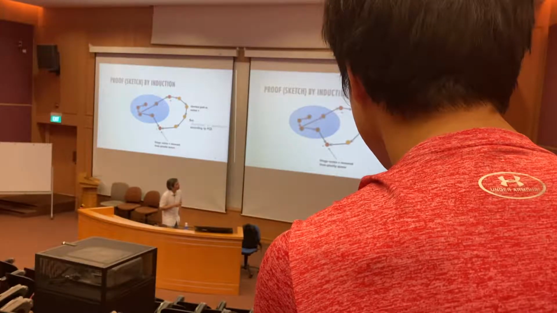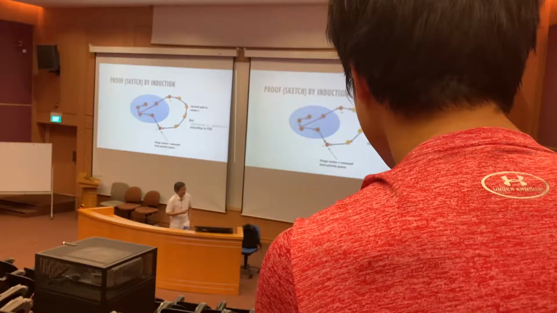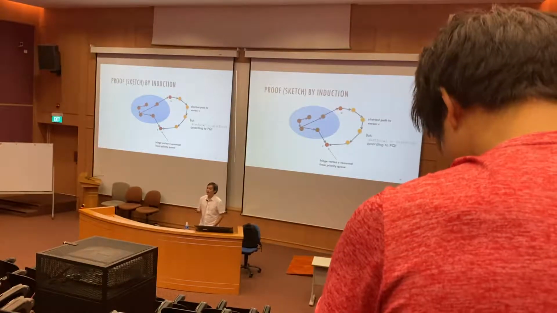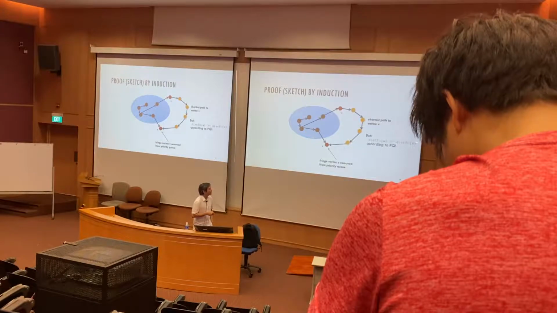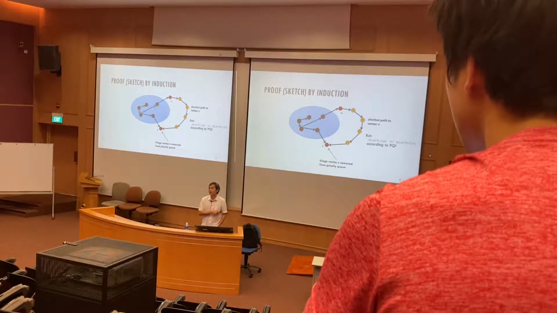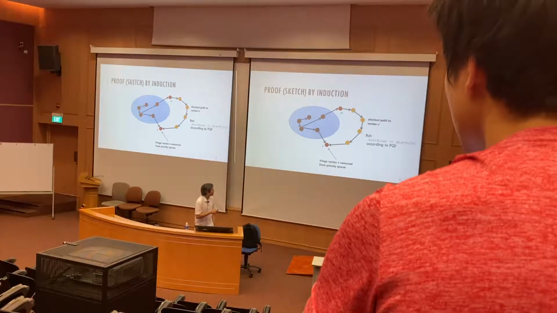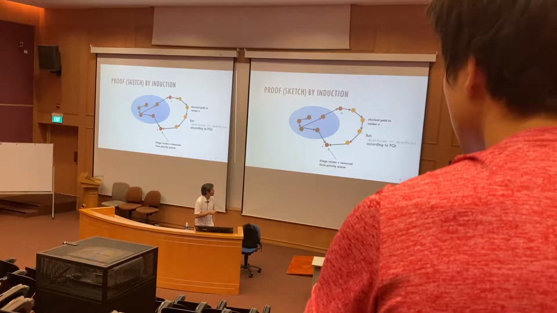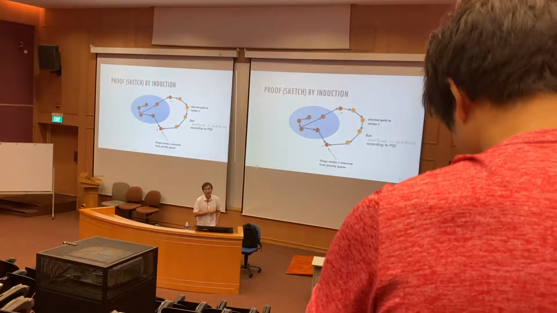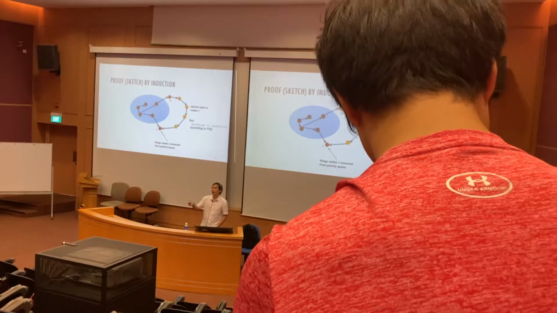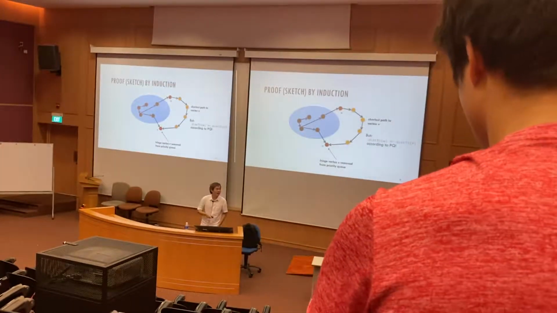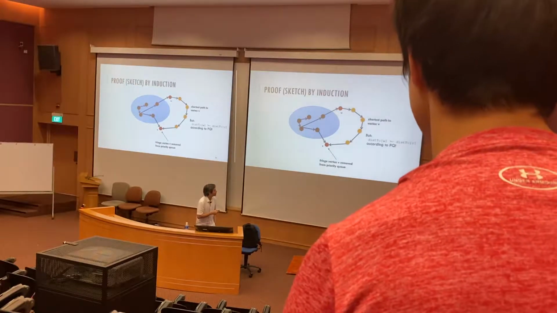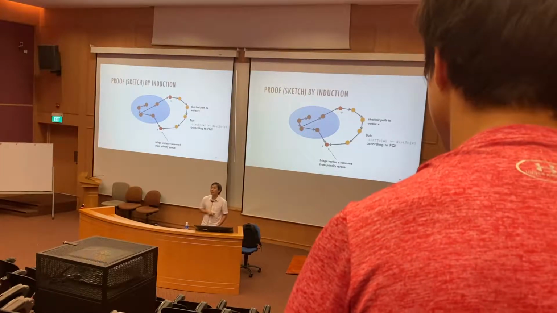But this cannot happen. We have a contradiction, because according to the priority queue, the distance to W is bigger than the distance to V. This path says the distance to W must be smaller than the distance to V, but the priority queue says the distance to W must be greater than the distance to V. This is a contradiction because V is the minimum in the priority queue, so the distance to V is already the smallest possible.